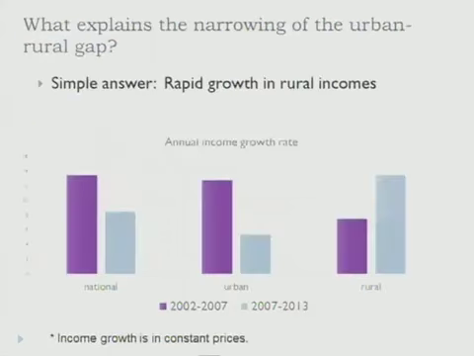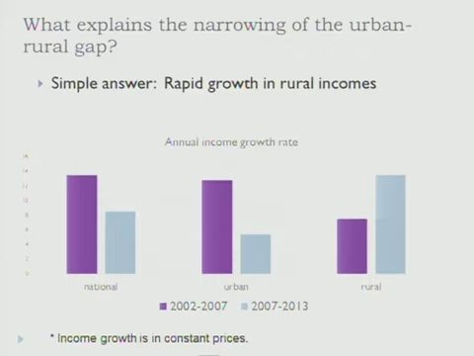So what are the important explanations for the narrowing of the urban-rural income gap in China? A simple answer is more rapid growth in rural income than in urban income.